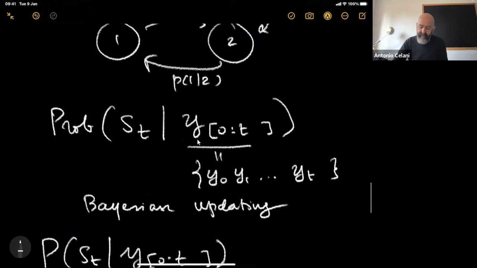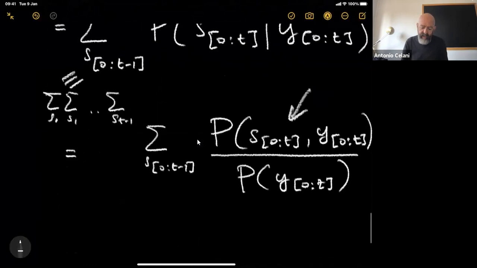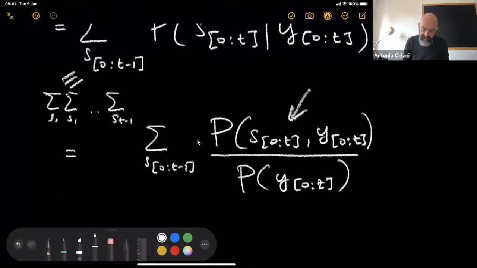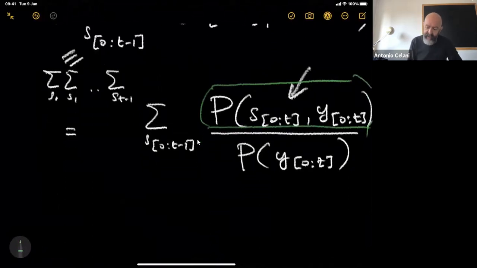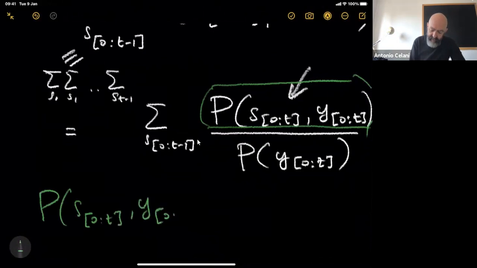Okay, so this object here at the denominator, the numerator, let's isolate it for a second. Okay, so let's isolate this term here and write it down explicitly. So the probability of a string of states and observations, what is it?